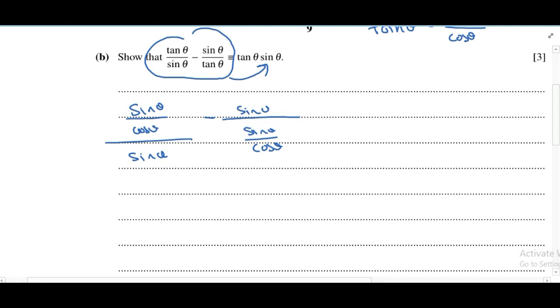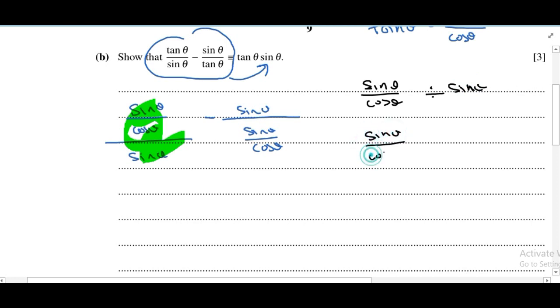If I simplify this fraction, it would become sin theta over cos theta divided by sin theta. So sin theta divided by cos theta multiplied by 1 over sin theta, it gets cancelled, so I'm left with 1 over cos theta.